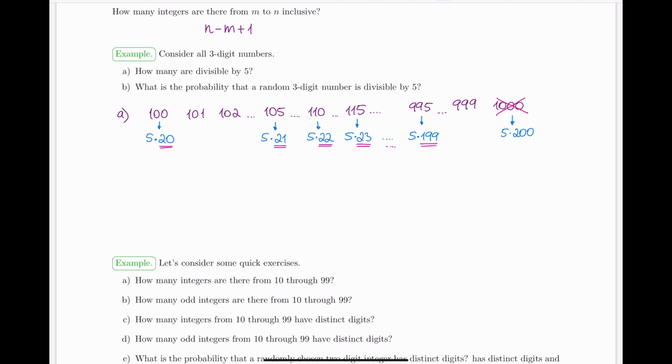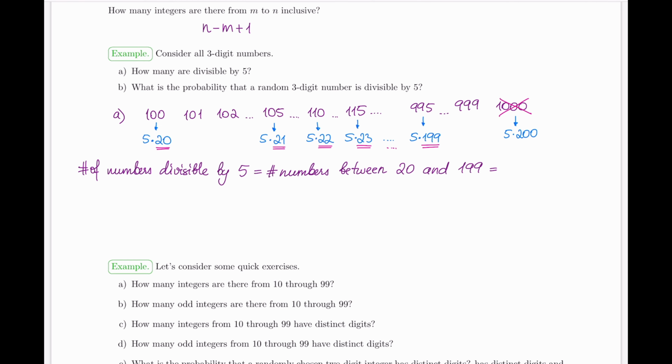199. So instead of counting the numbers that I've listed directly, I'm going to look at the number of integers between 20 and 199. Our counting comes down to the fact that the number of numbers between 100 and 999 that are divisible by 5 is equal to the number of numbers between 20 and 199.